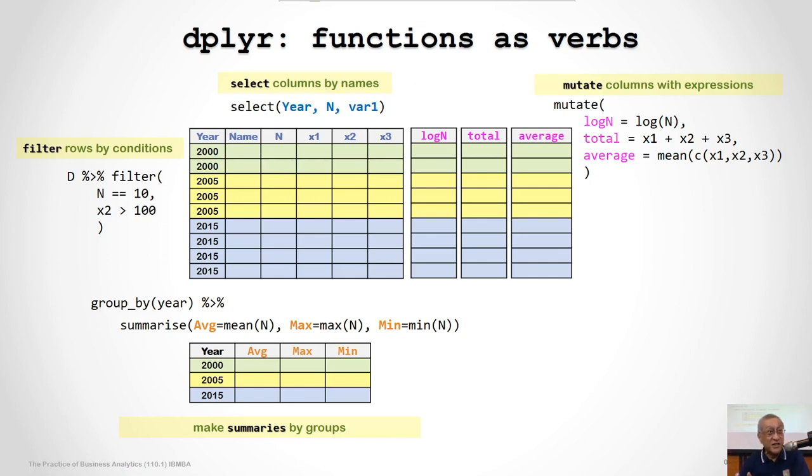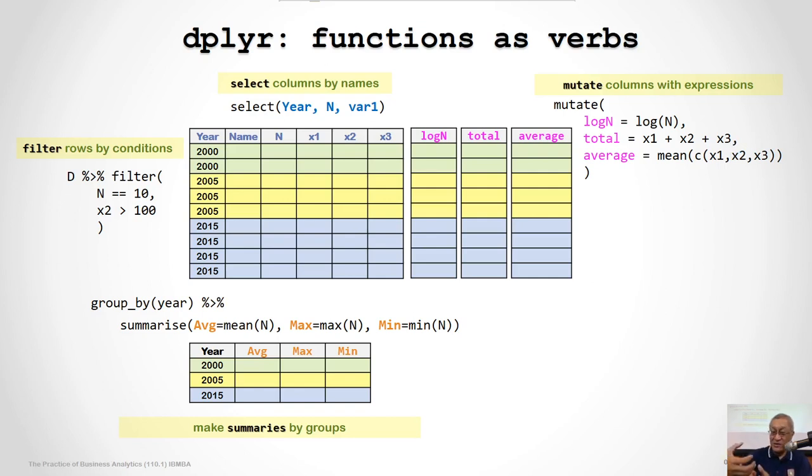So it's mutate. You put the existing columns in the expression, and the expression does the calculation. Usually this expression is a vector expression, which means that after the calculation, after you do x1 plus x2 plus x3, it's still a vector, right?